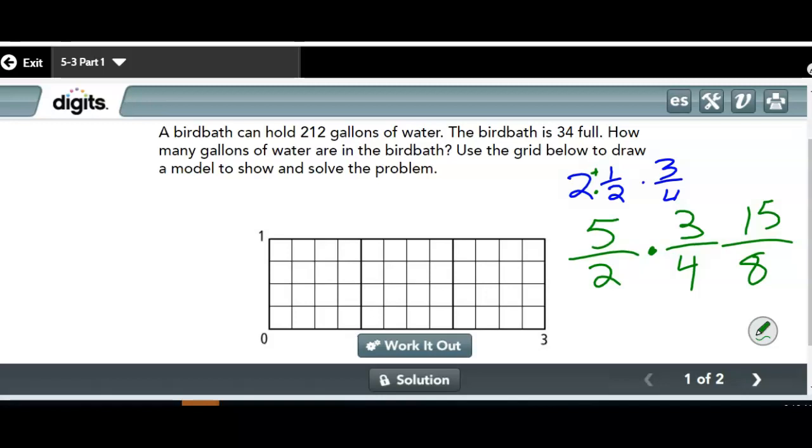Perfect. That is exactly right. We are going to change our mixed number into an improper fraction. Multiply your numerators by each other, multiply your denominators by each other, and then put it in simplest form if it asks for that. Okay?